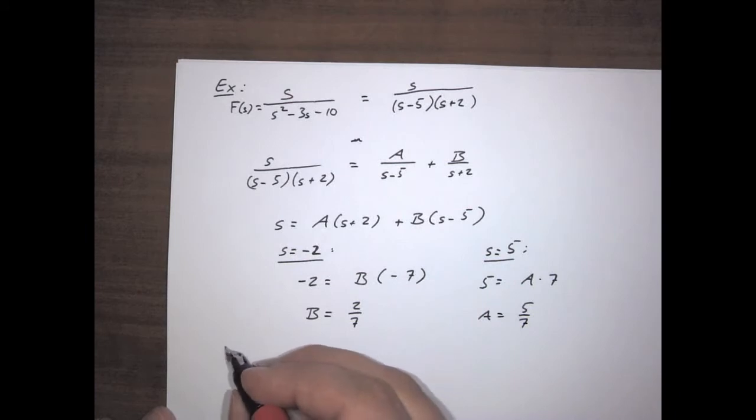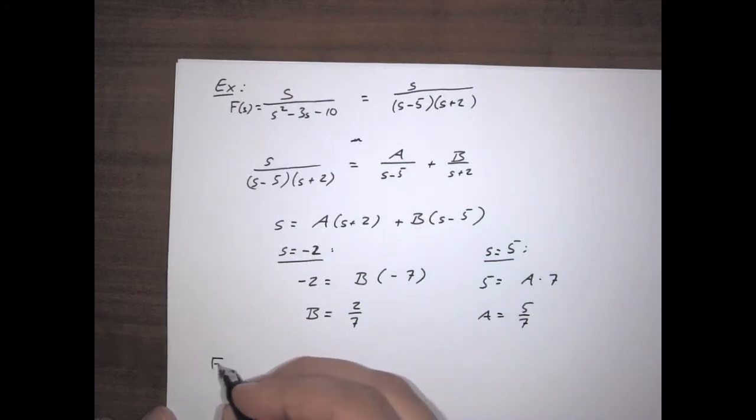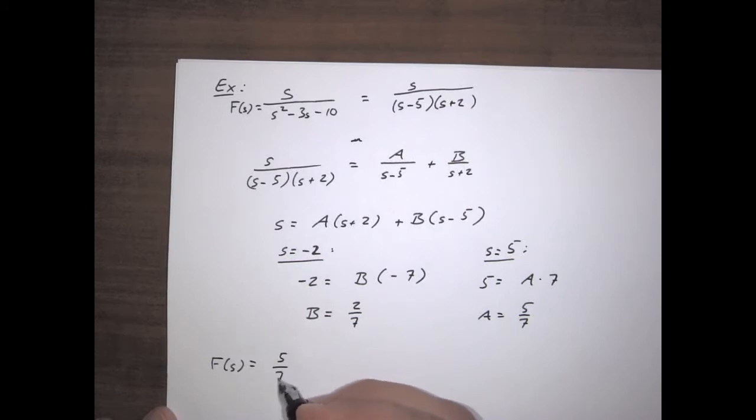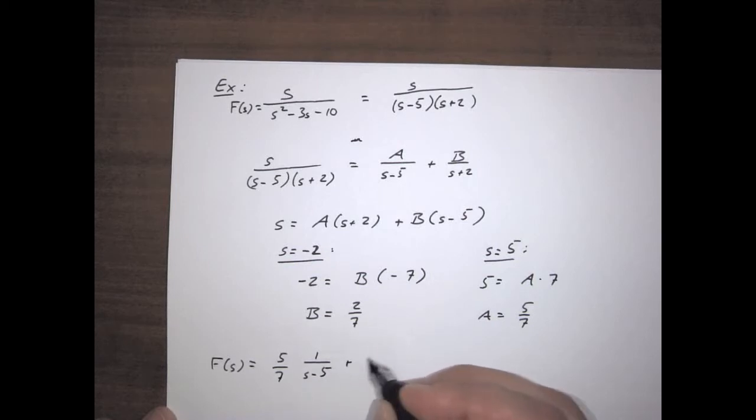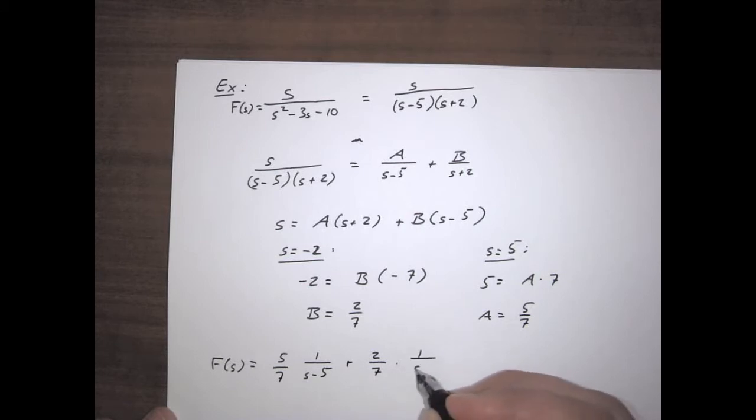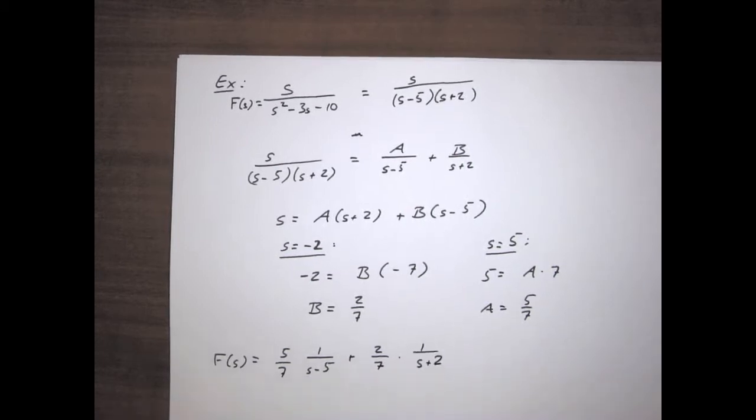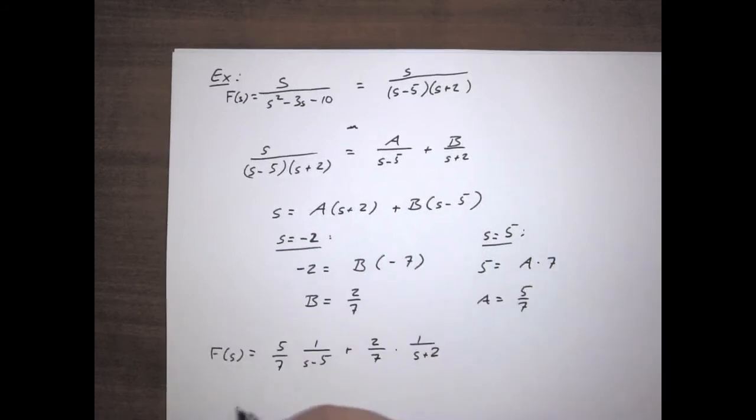And so then we'll have that f of s is equal to 5/7 times 1 over s minus 5 plus 2/7 times 1 over s plus 2. Now technically we could actually think of each of these as being a shift, but these actually are each easy members of our catalog.